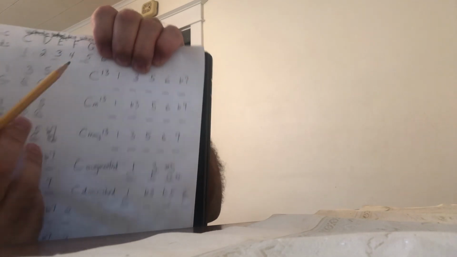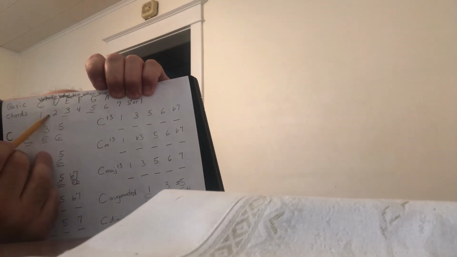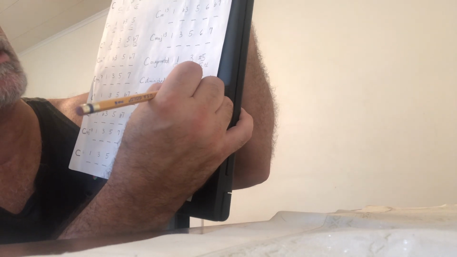It's E, but it's going to be flatted. So we put the E flat. Then we go to the 5th tone in our C major scale, which is a G, but in the diminished triad, it's flatted. So it's a G flat.